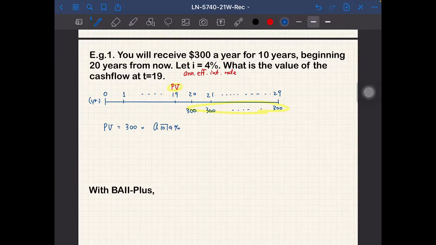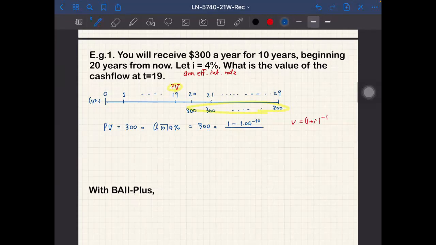So this is equal to 300 times 1 minus v to the power n, n is 10, so 1.04 to the power negative 10. Remember that v is equal to (1 plus i) inverse.